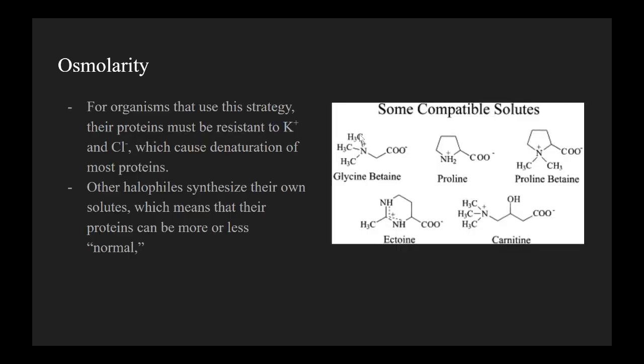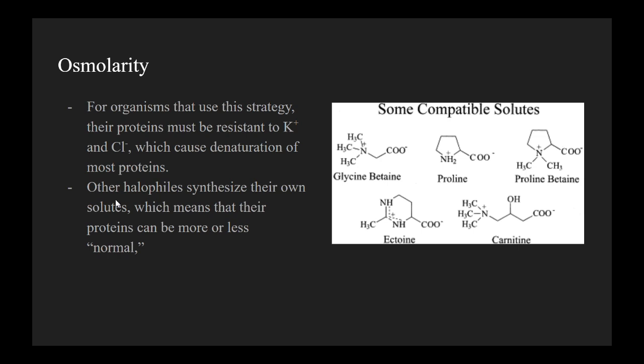But of course, if you're taking in all that potassium and chloride, then you need proteins that are somewhat resistant to these things, because they can also cause some sort of denaturation in your enzymes. So there are several adaptations that the proteins have to be resistant to these specific ions, also called counter ions.